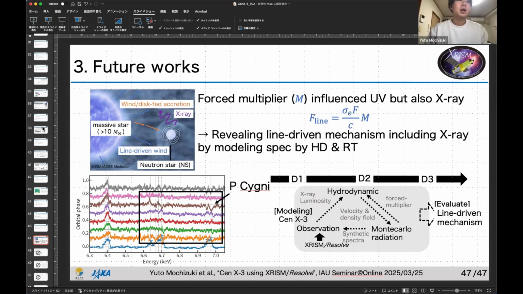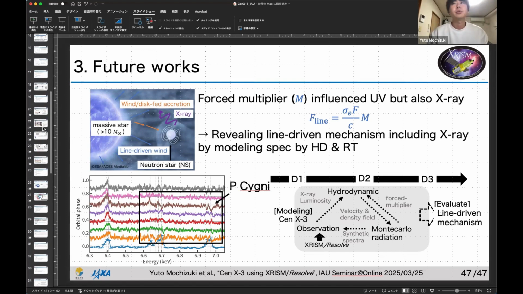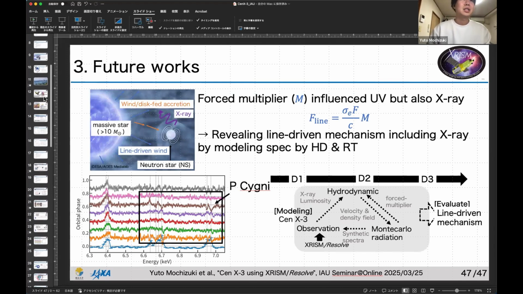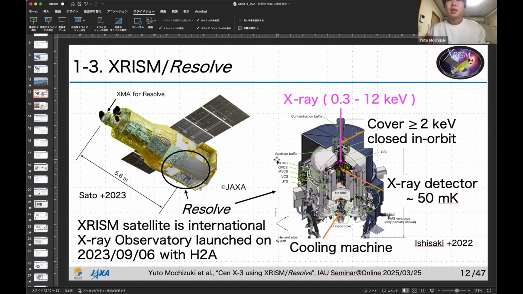Yeah, maybe the XRISM team will try to open the cover in September.